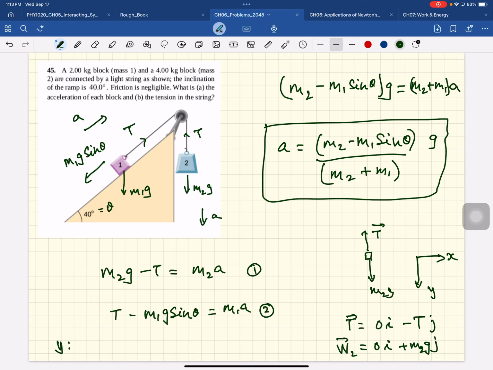Let's write down the y component of the net force.